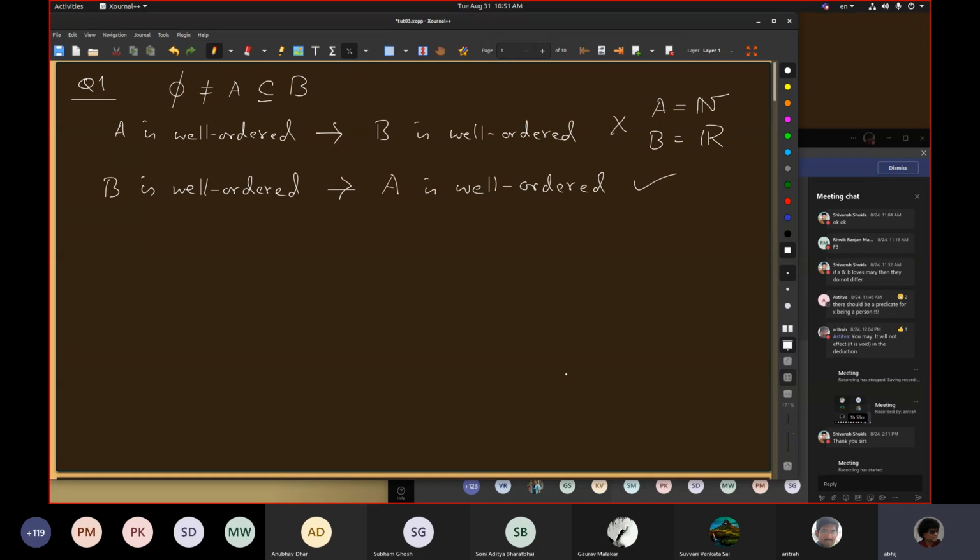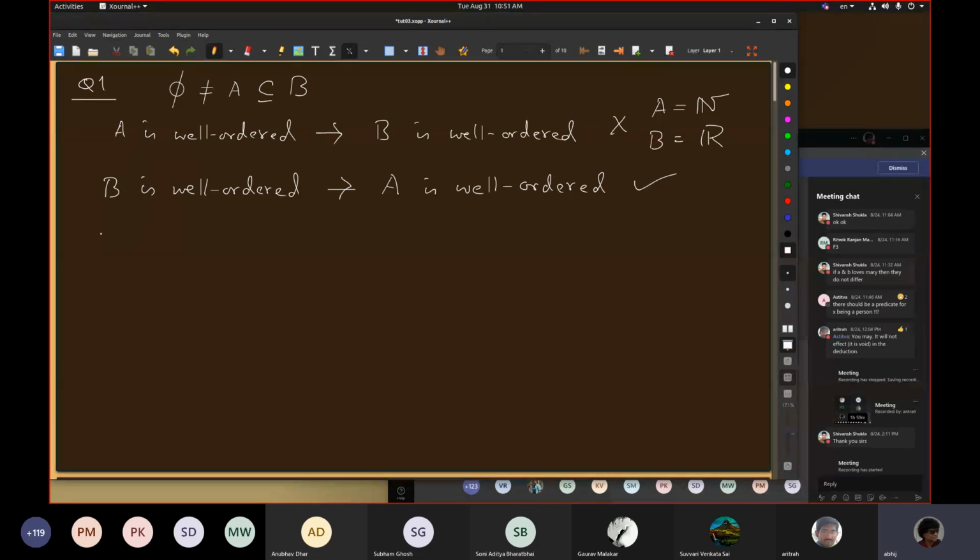The contraposition of this is: if B is not well ordered, then A is not well ordered. So this is false. If A is not well ordered, then B is not well ordered. This is true.